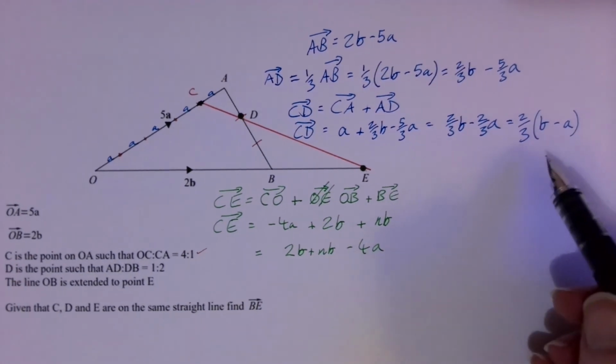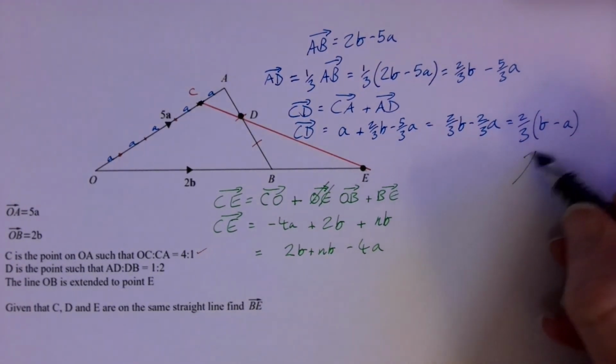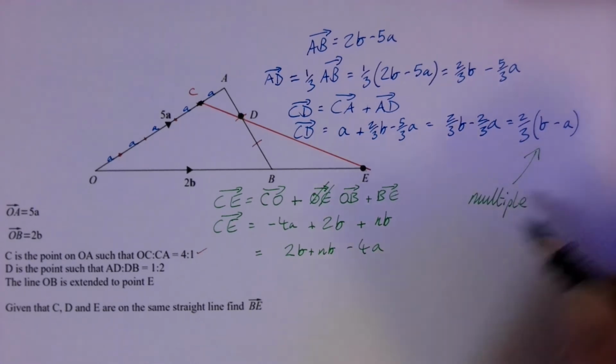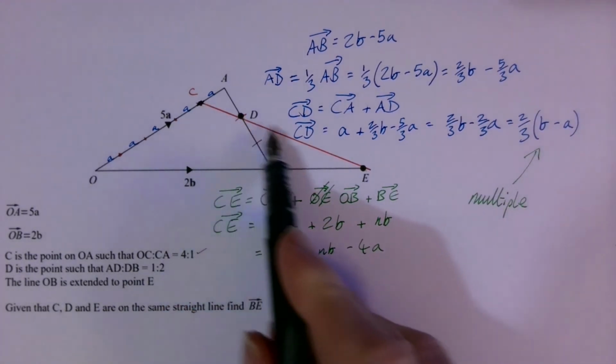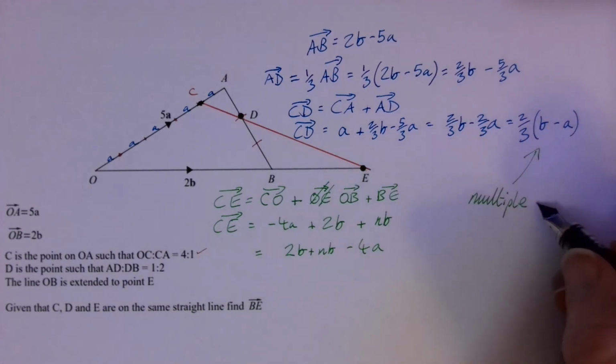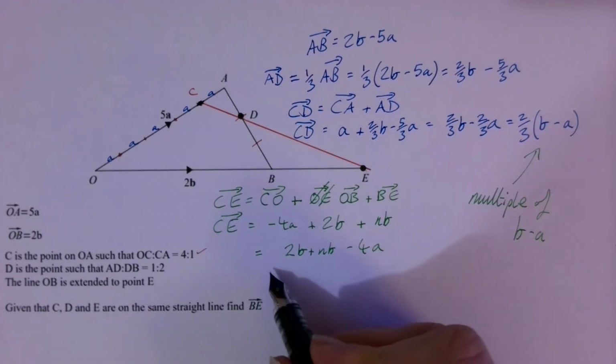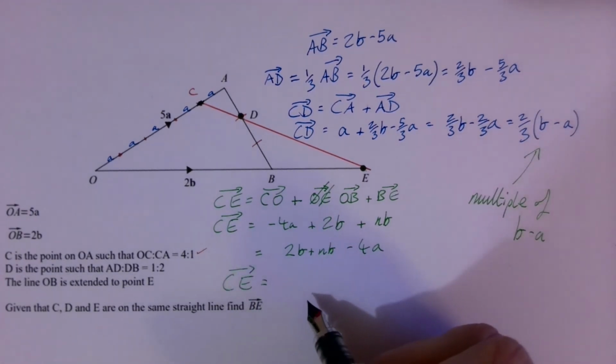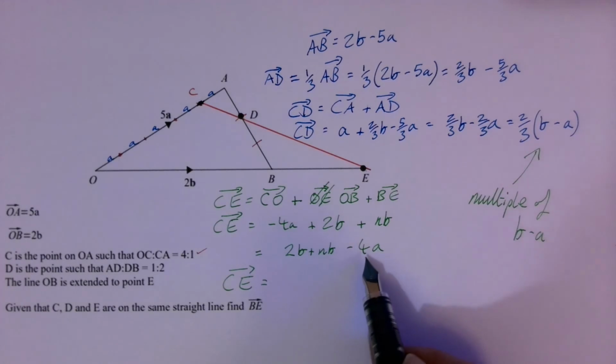But what I know from this is that anything on this straight line here is going to be a multiple of B minus A. So CE equals a multiple of B minus A.